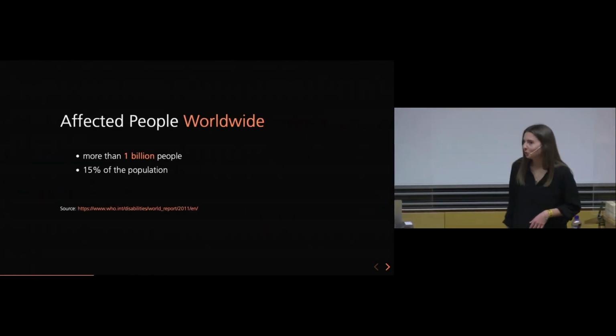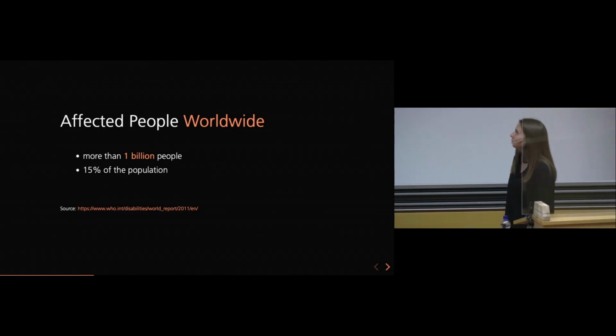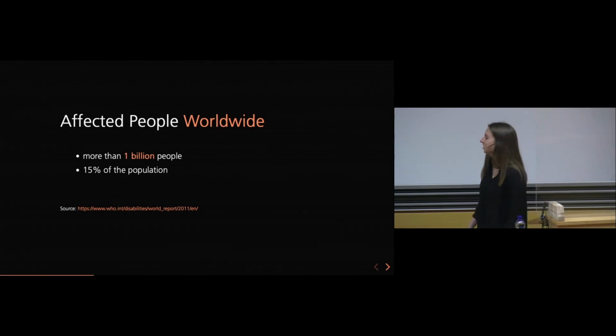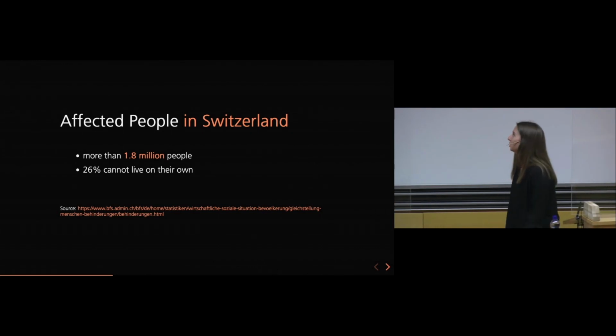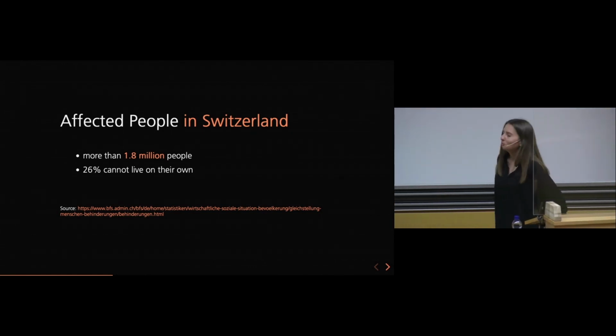So I just wanted to give you a few numbers about this. Worldwide, there are around 1 billion people affected by this. They have a disability, and this is around 15% of the world, so that's quite a lot. And for Switzerland, it's more than 1.8 million people, so around 20%, so that's quite a lot too.